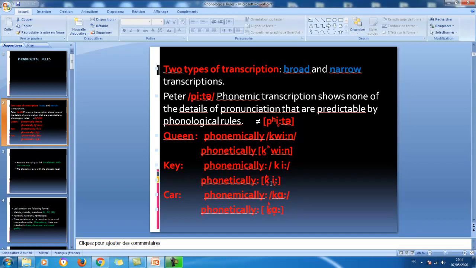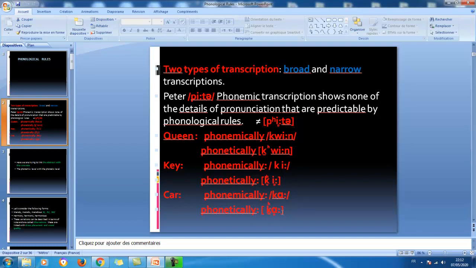Just to see this clearly, let's pronounce the two words key and car simultaneously. Key, car. We notice that in key our tongue moves forward to the front. Now here in car, we notice that while producing k, our tongue is already at the back part of the mouth, because here it is followed by a back vowel.